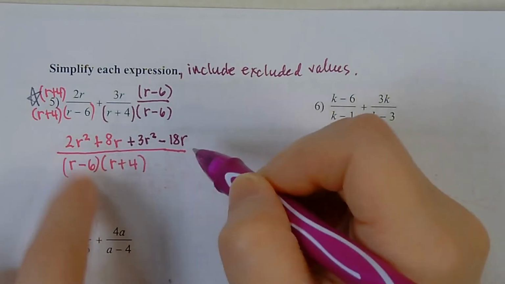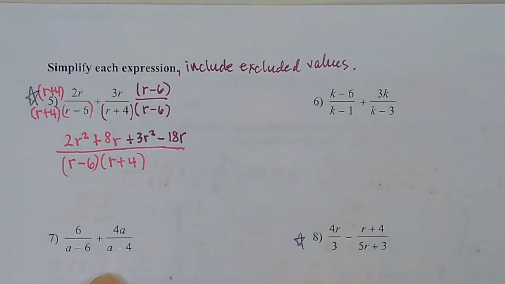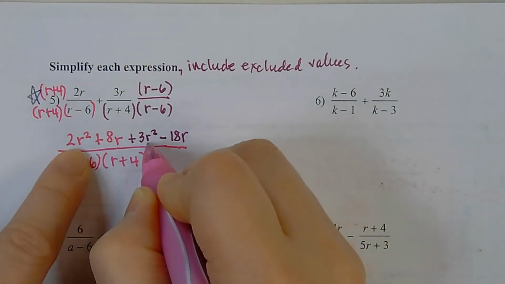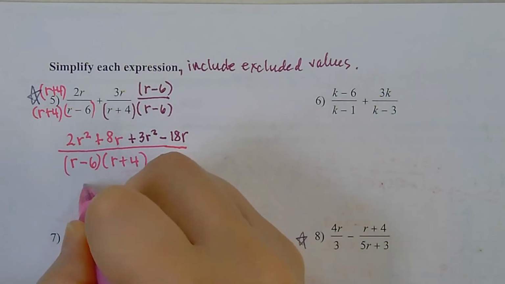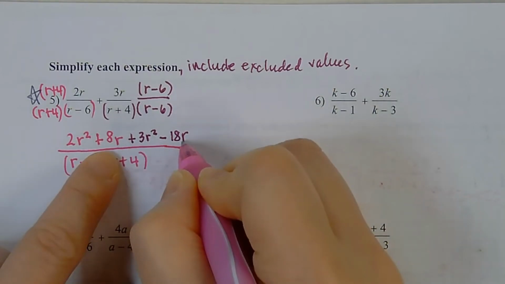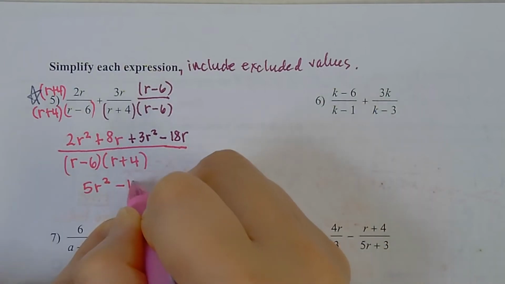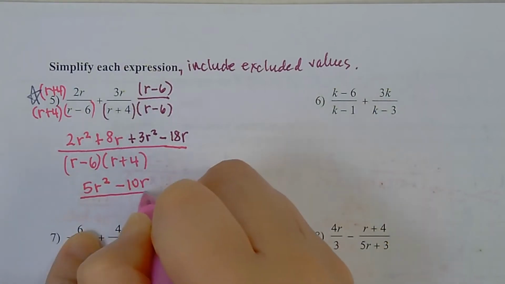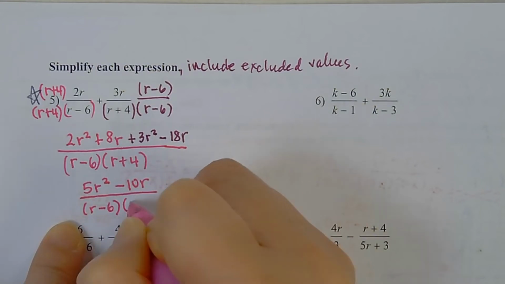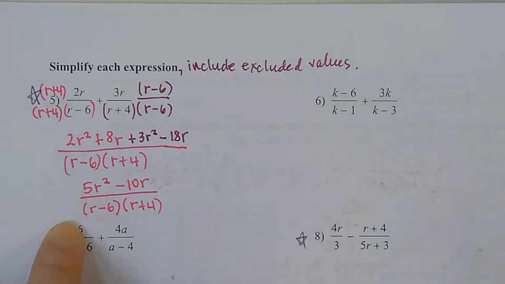Let's combine like terms. I'm just going to continue to use pink, I guess. So I have 2r squared plus the 3r squared. That's going to be 5r squared. And then 8r minus 18r, so that's going to be minus 10r over this denominator. And you do not need to multiply these out. You just leave them like this.